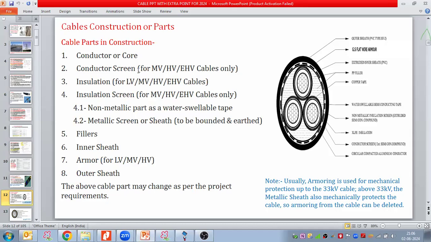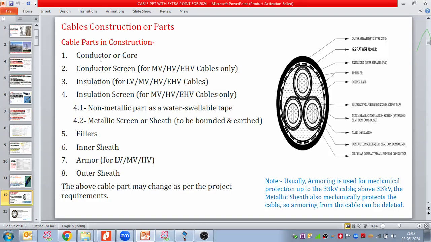We discussed where the conductor screening is to be taken and where it is not. These parts are important because you have to select which parts are required and which are not, and the cable cost also depends on that. If we want to optimize the cost of the cable, we have to optimize the cable construction parts. So we should be aware of each part's requirements, specifications and use.